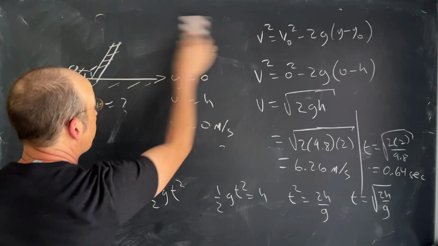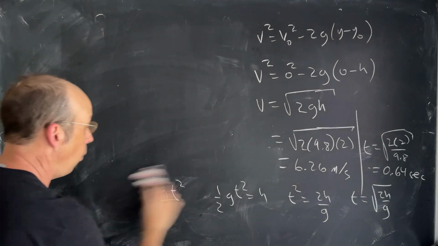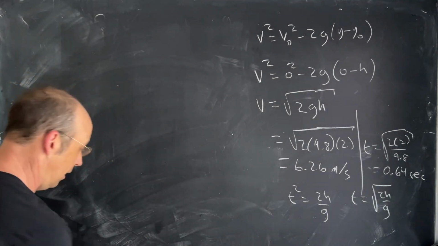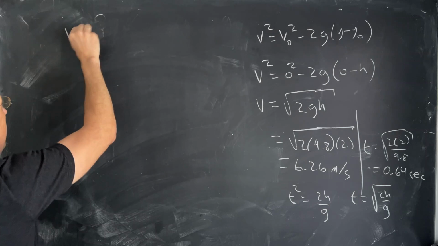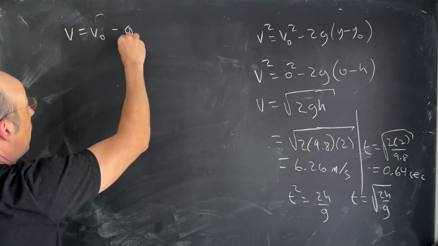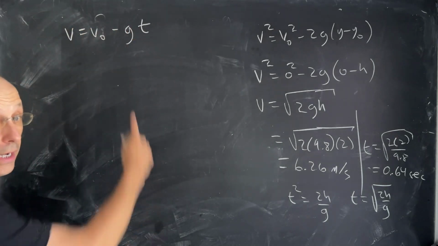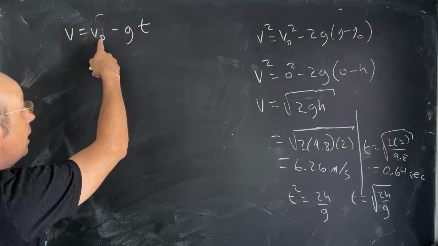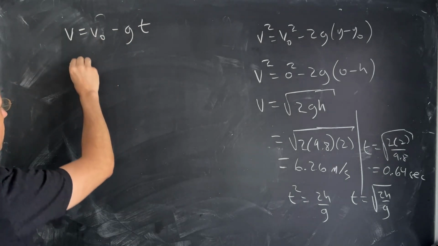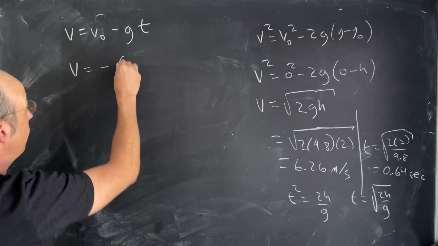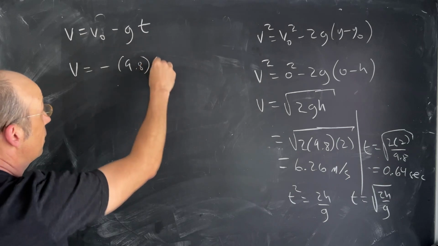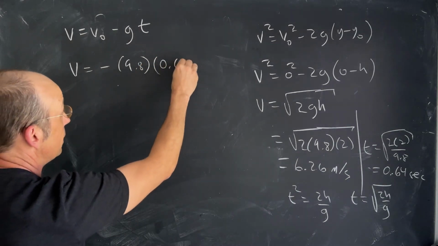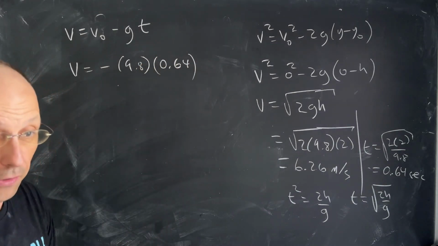I'm going to erase this whole thing. Once I find that time, which I just did, I could say v equals v0 minus gt. So I know the time, I know g, I know the initial velocity. So this gives me v equals negative 9.8 times 0.64.